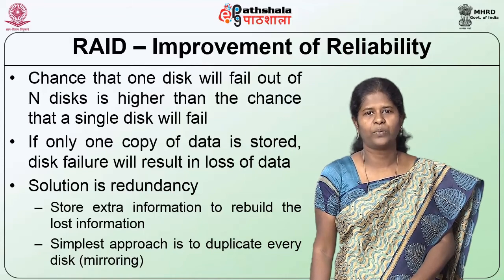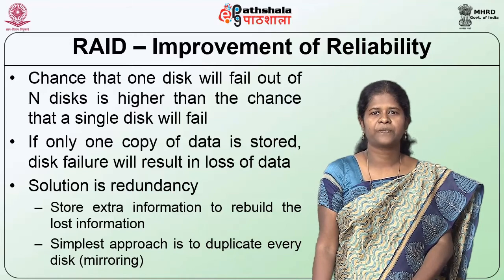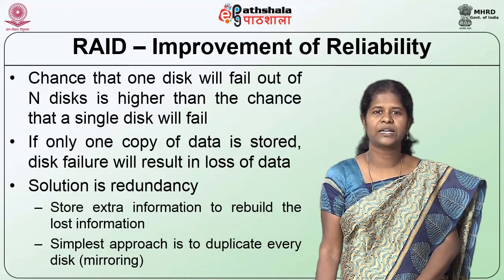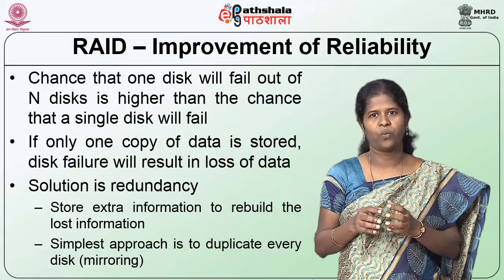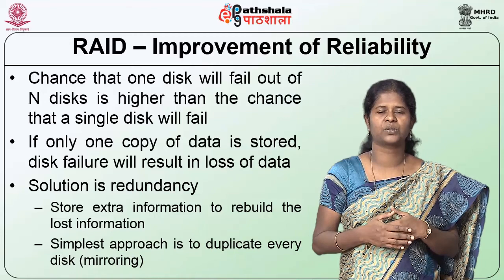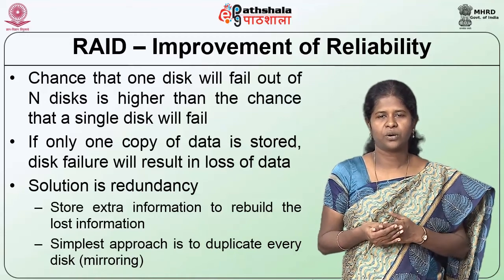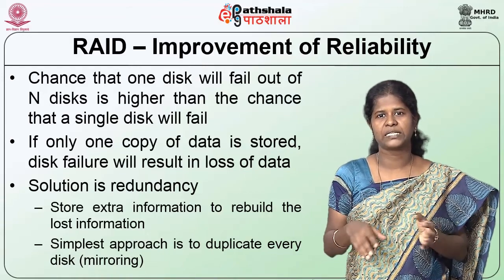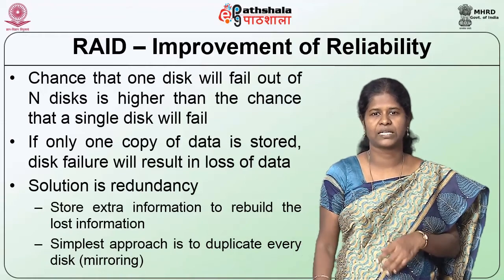Suppose you have n disks, then there is a higher chance that a single disk will fail. If only one copy of the data is stored, then disk failure will result in loss of data. So, the failure rate of one disk among n disks is much higher compared to the failure rate of just having a single disk.